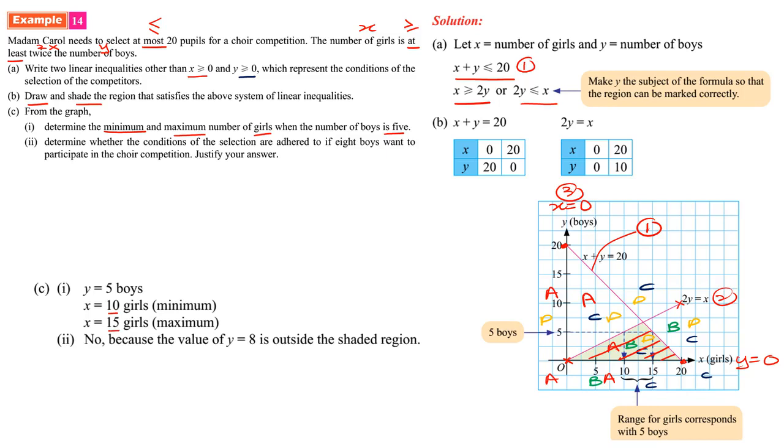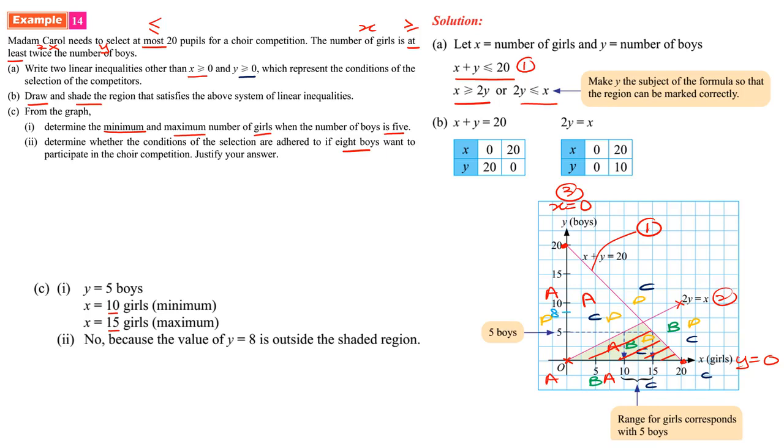Okay, C number 2. Determine whether the condition of the selections are adhered to if 8 boys want to participate in the choir competition. Justify your answer. If the number of boys is 8, it is somewhere here.